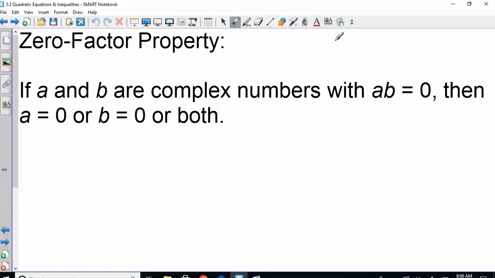So, when we're looking at these, if two things equal 0, you'll have to set each one equal to 0 in order to solve. So that's the property we will be using. So we'll set it equal to 0, factor, and then we can set each factor to 0 to finish.